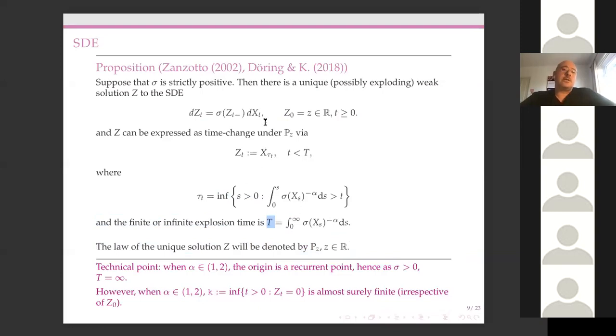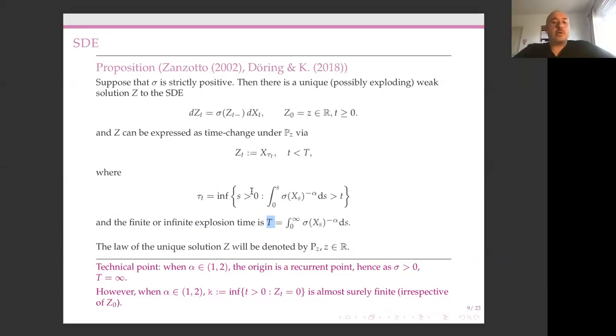So the solution, I can identify the solution to this SDE in the weak sense as simply a time change of the stable process. And the time change here is the inverse of this clock. And this clock here is built from the sigma in the SDE. And if this total integral is finite, then we've got a problem. Then we get an explosion in the time change.